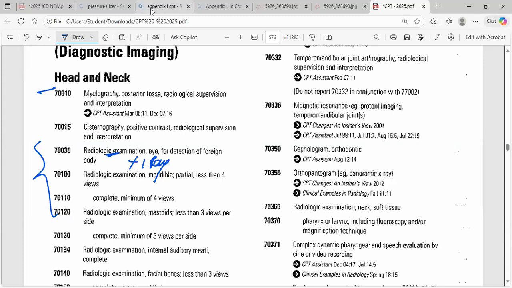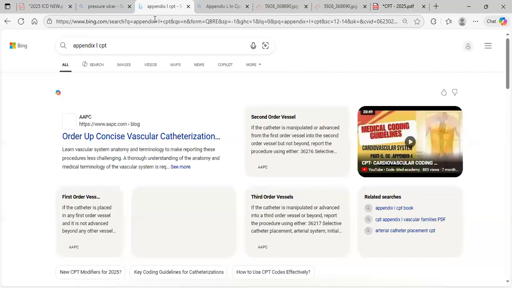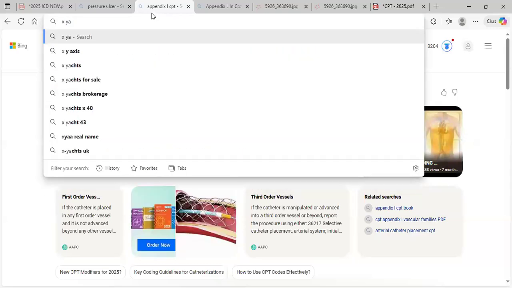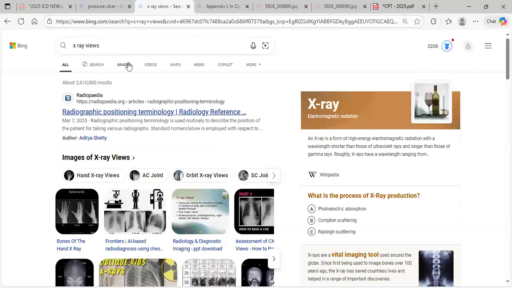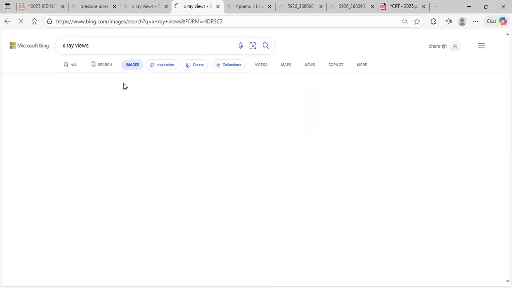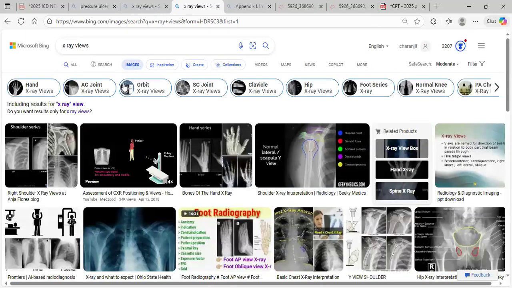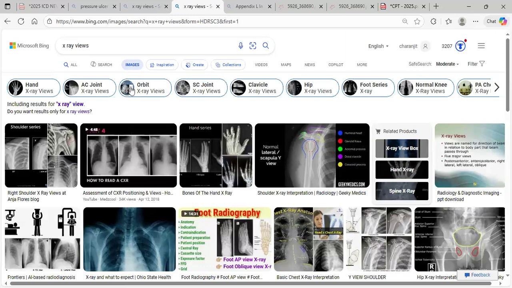Okay, let me show you the picture. So X-ray views, X-ray is a, images.